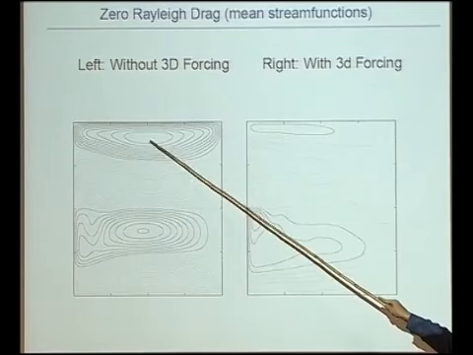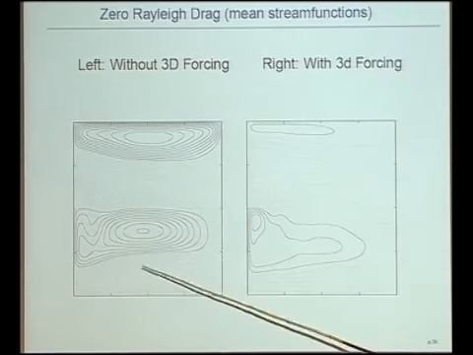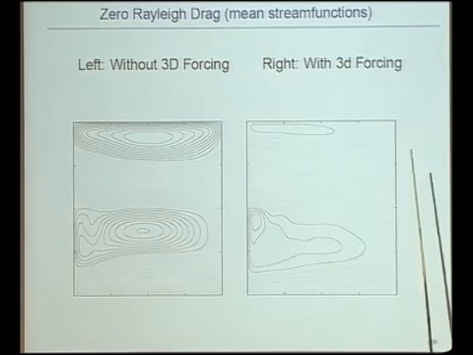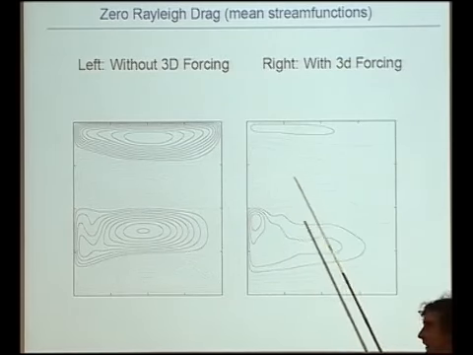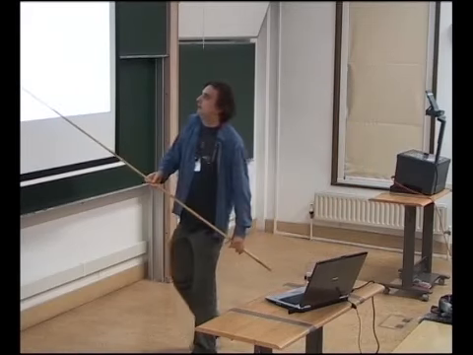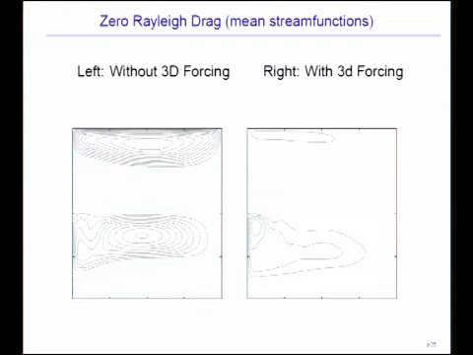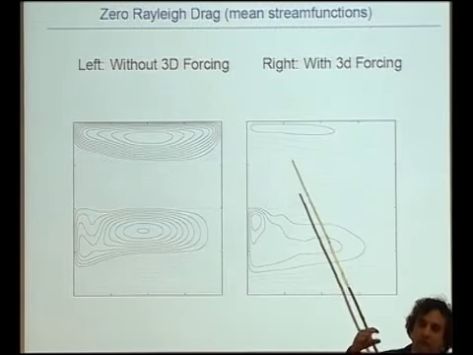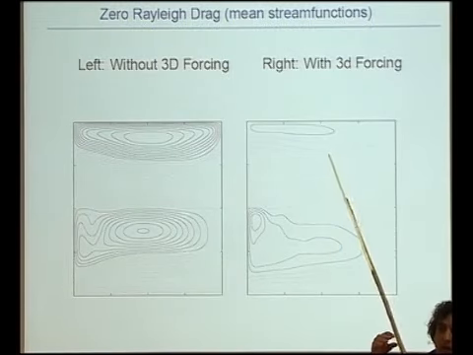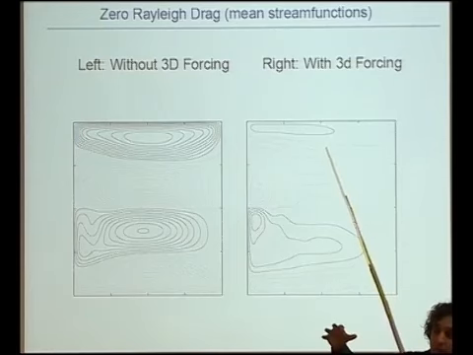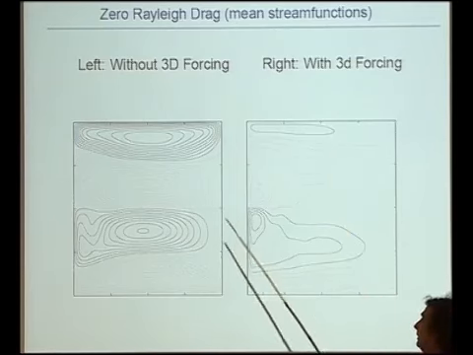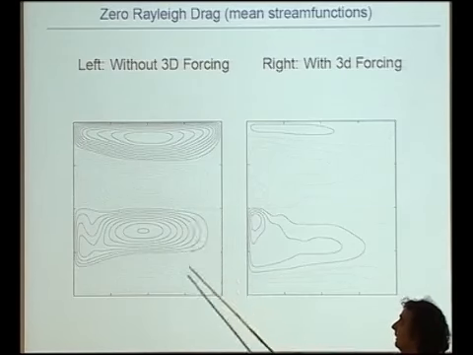In the case where I don't have these 3D modes, this transfer mechanism, I essentially get a very pronounced four-gyre structure. So what's going on here is that the energy equation is being balanced by the solution forming a 4-gyre solution to a 2-gyre forcing.